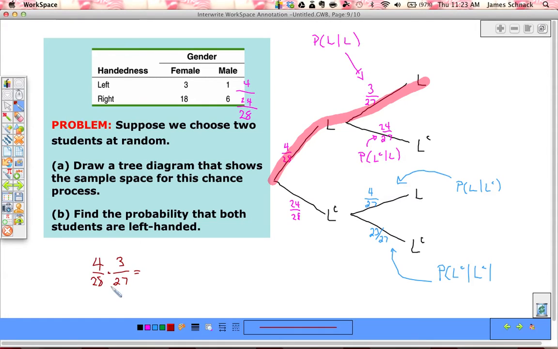This probability is approximately 0.016. So this tree diagram allows us to see all of the possible things that can happen, and we can find the probabilities by following the branch for what we are finding the probability of.